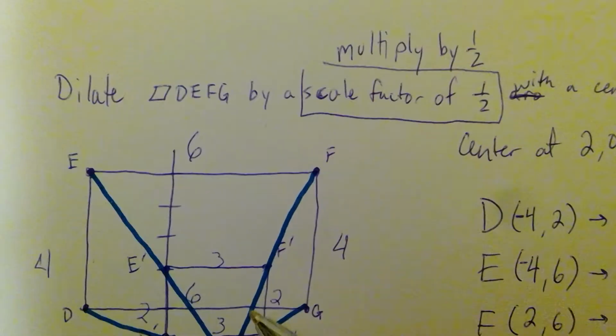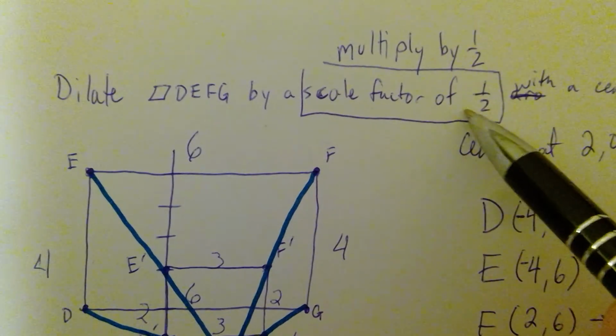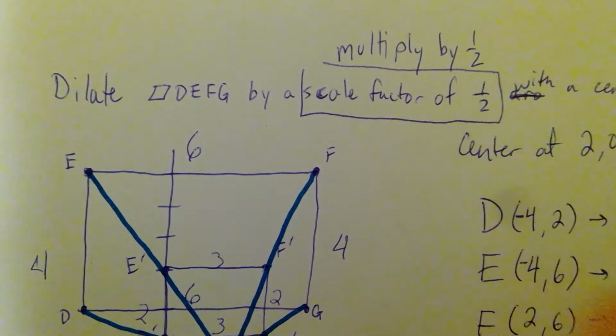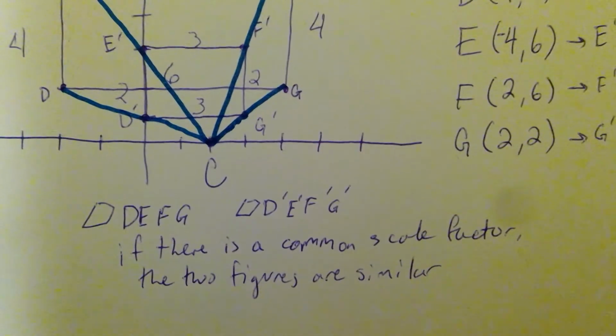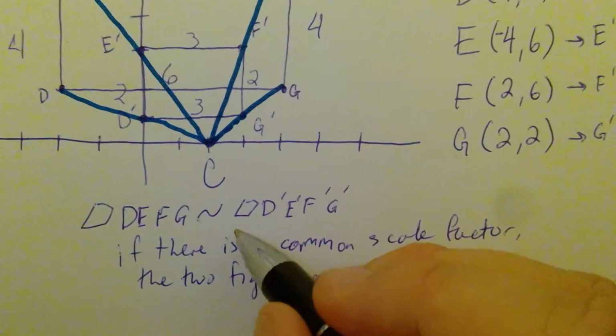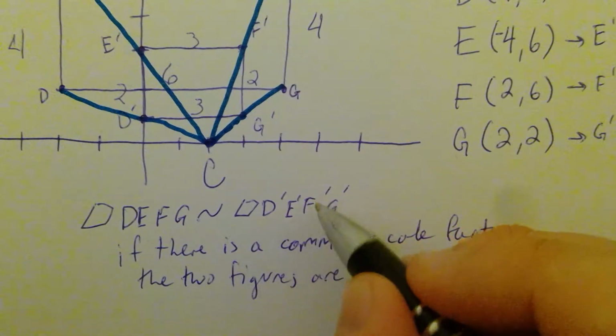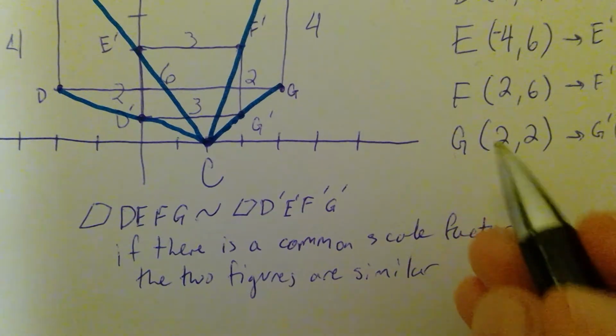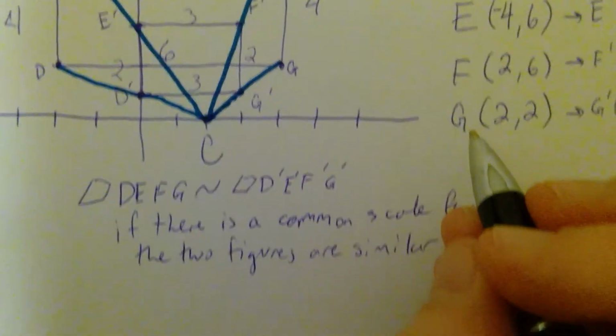Now, since we know that we had this scale factor over here, these have to be similar quadrilaterals, or similar rectangles. So down here we have quadrilateral DEFG is similar to quadrilateral D prime, E prime, F prime, G prime. If we make a dilation, the two figures are similar.